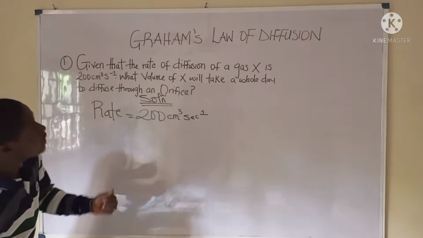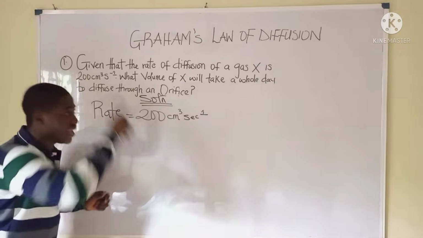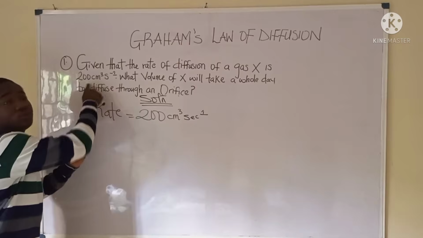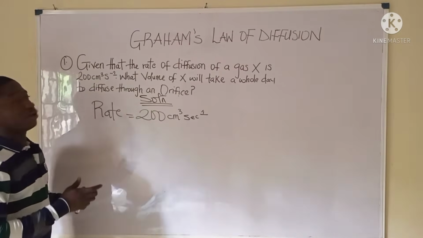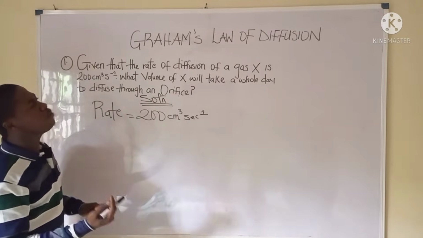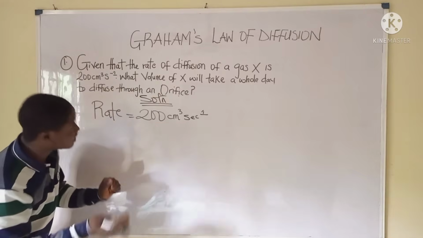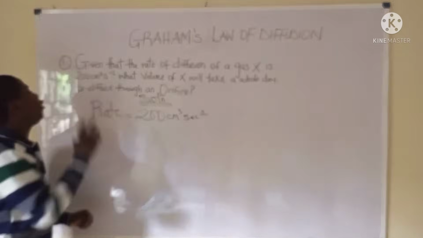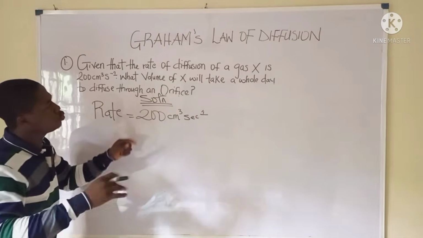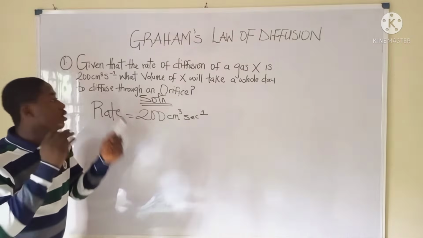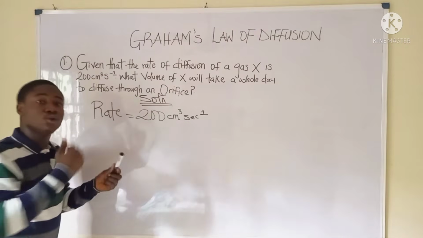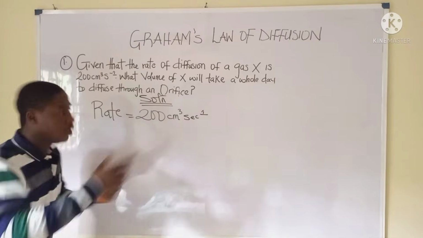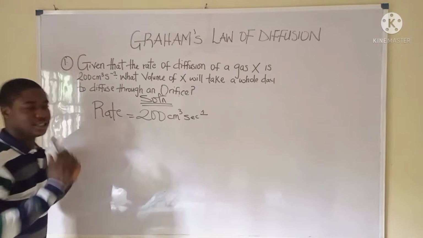Given that the rate of diffusion of a gas X is 200 cm³ per second, what volume of X, which is the gas, will take a whole day to diffuse through an orifice, which talks about through a vent, or you say through a hole. Now, let's quickly analyze this question.